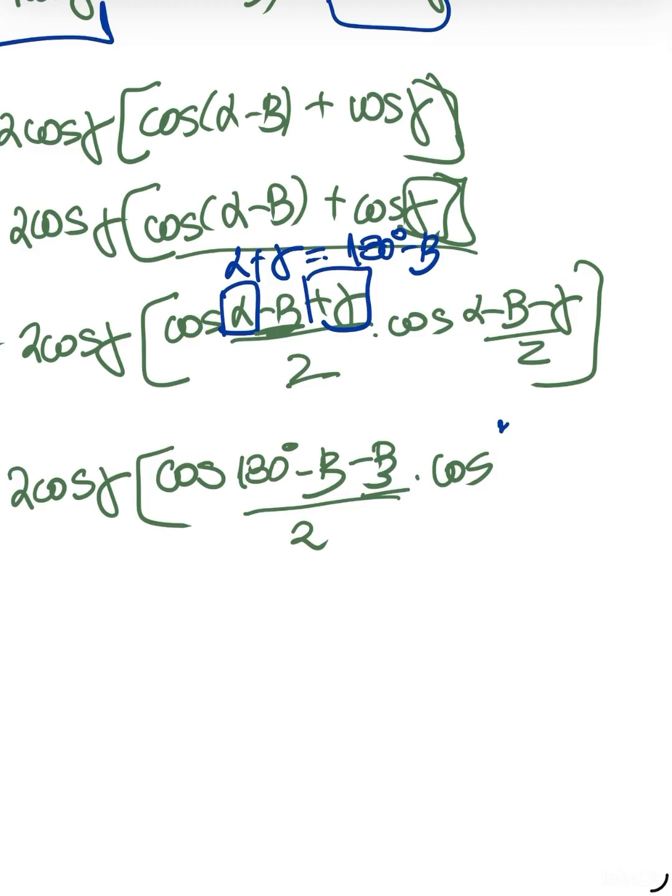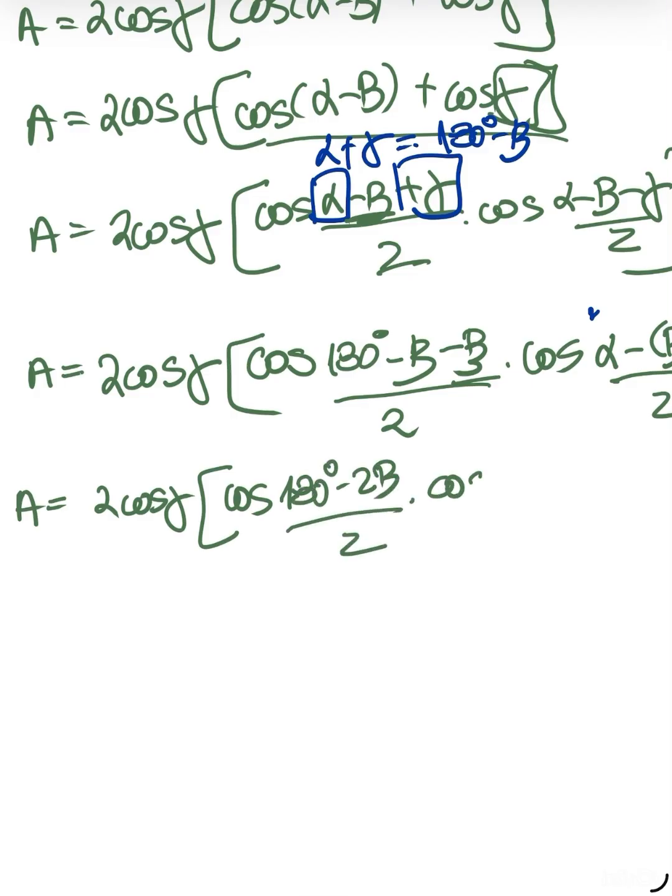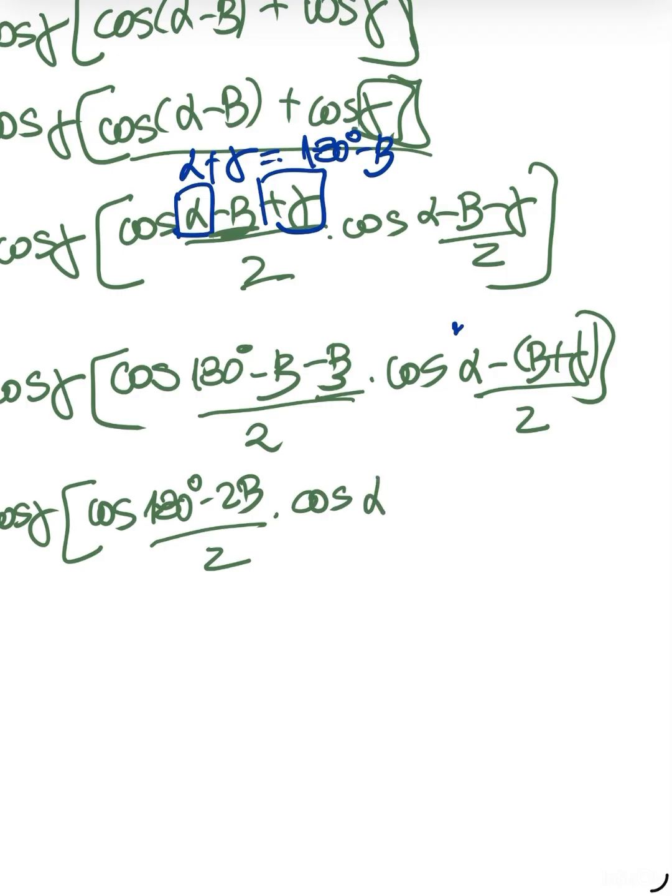I got confused, guys, about what I was about to do. Okay, let's put this alpha minus beta plus gamma, divided by 2. And what we'll obtain is 2 times cosine gamma times cosine of 180 degrees minus 2 beta divided by 2, times cosine of alpha minus 180 degrees minus alpha.